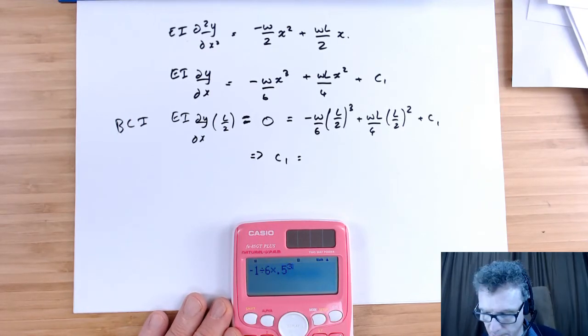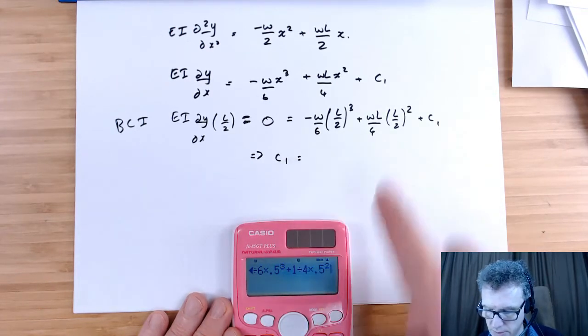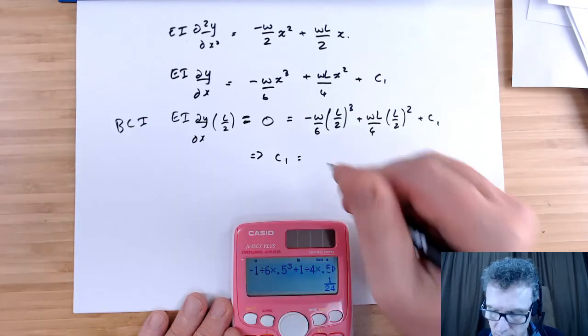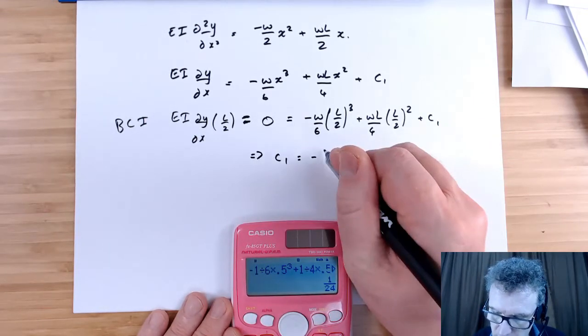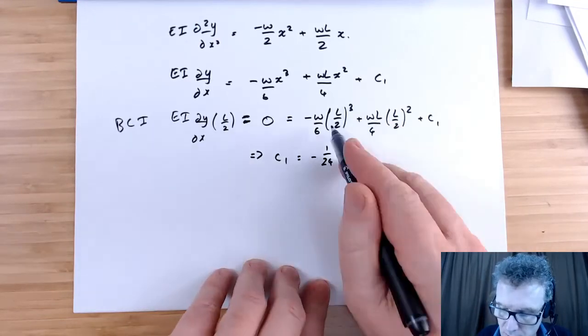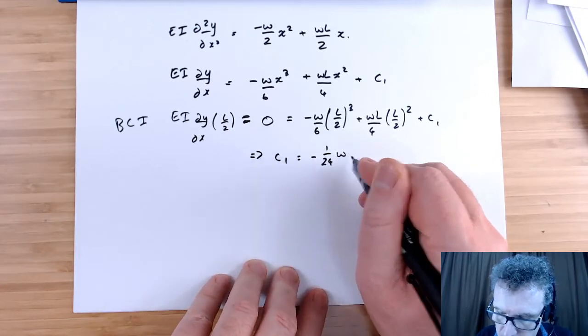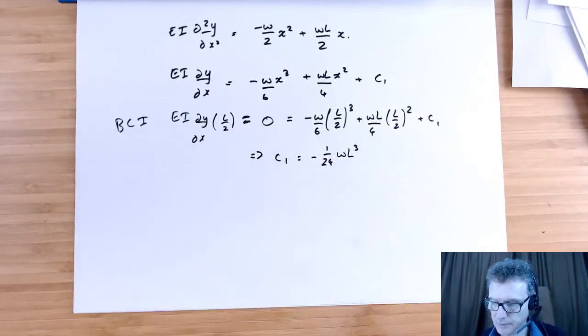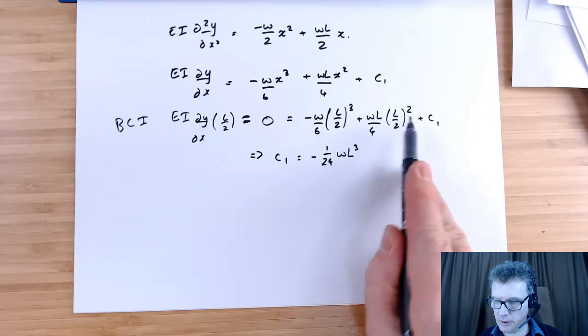Plus 1/4 times a half squared. Right, so that's this term here. So we want the negative of that, minus 1/24. And this term here is WL cubed.